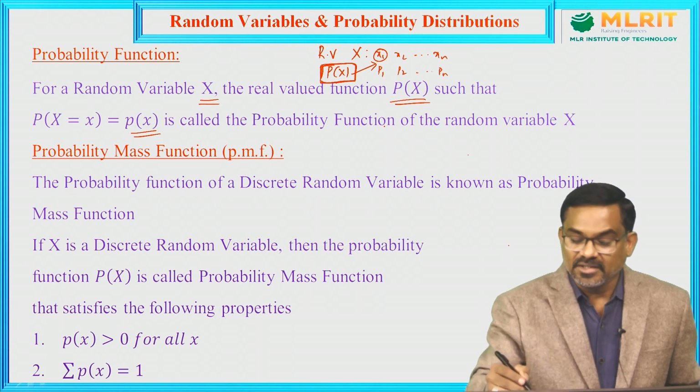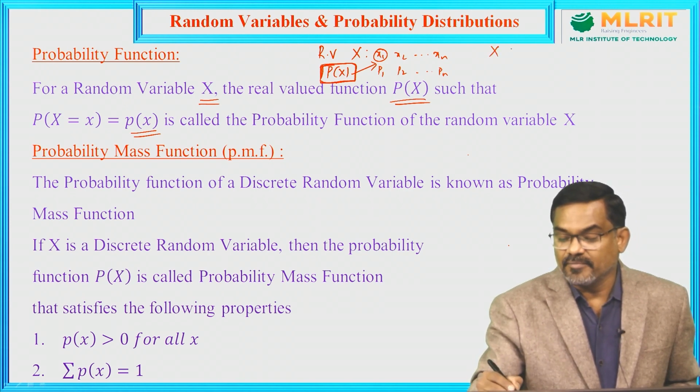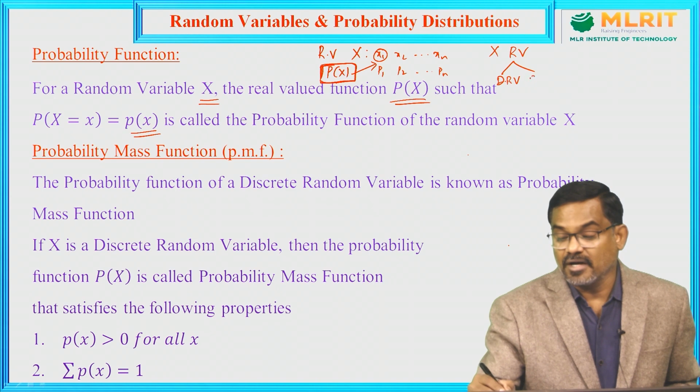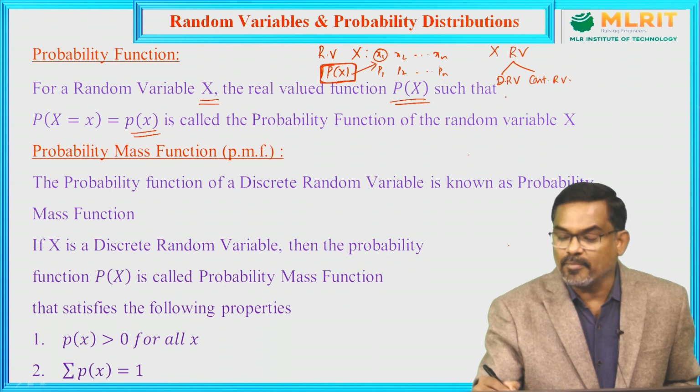Now, since the random variable capital X is of 2 types, discrete random variable and continuous random variable, in both cases we have the probability function.